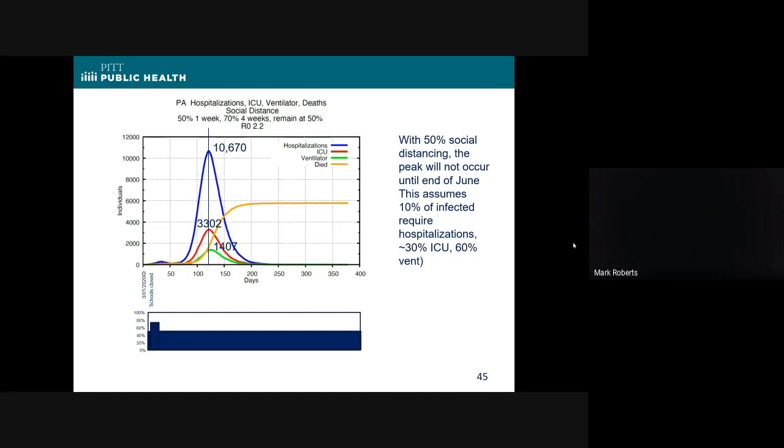Then people have gotten a lot better at it for the last 3 or 4 weeks. And then if you even just dialed it down to 50% for the whole rest of the year, you would go from 100,000 hospitalizations down to 10,600 hospitalizations, and you would delay the peak much longer.